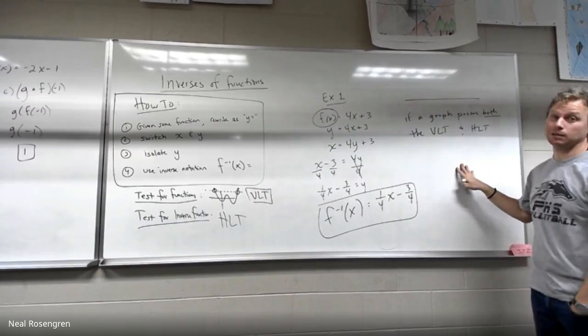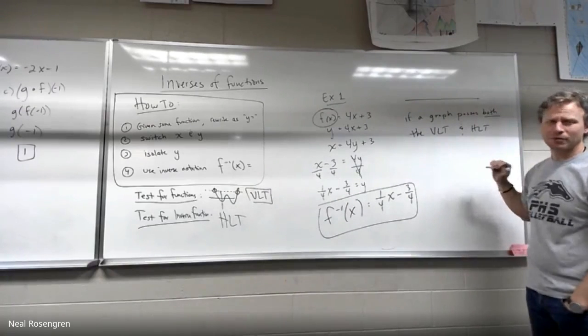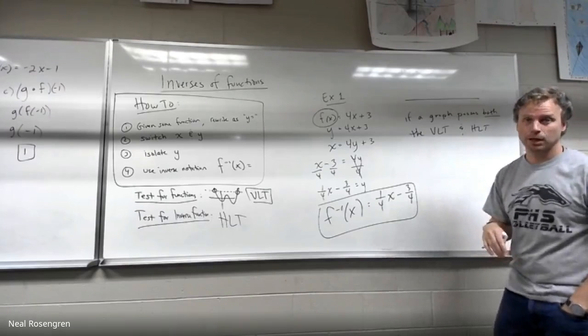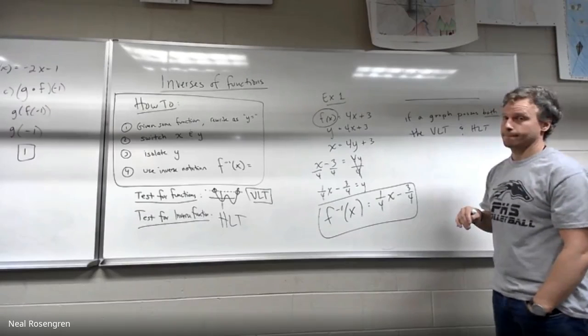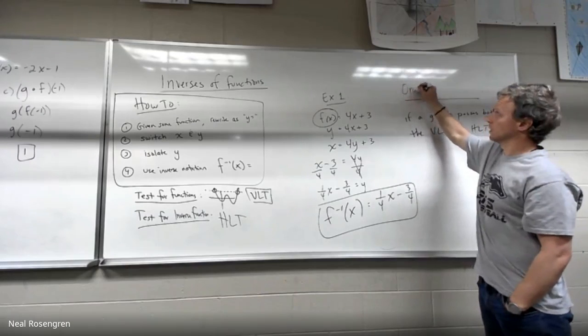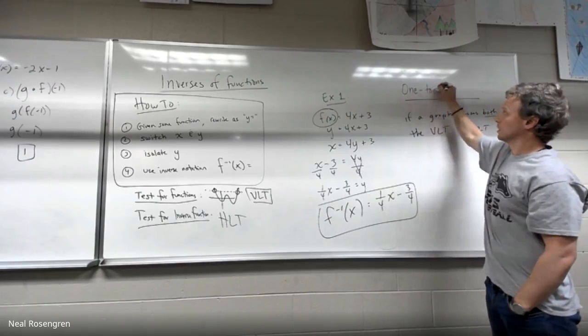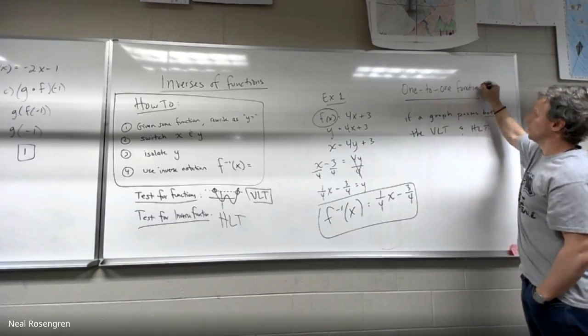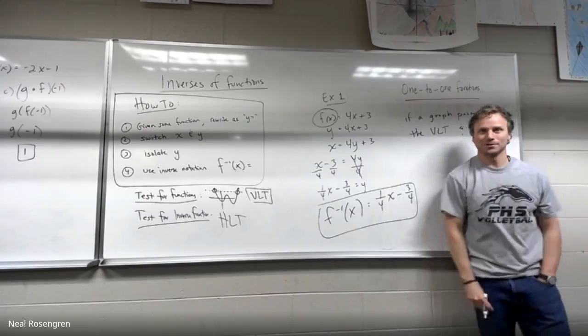We really, really like these. Have you ever heard of that, where it passes both the horizontal line test and the vertical line test? What kind of functions these are? They're called one-to-one functions.